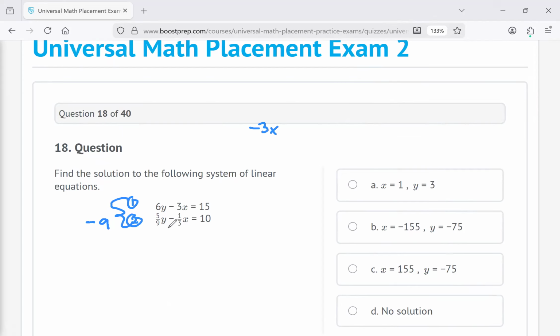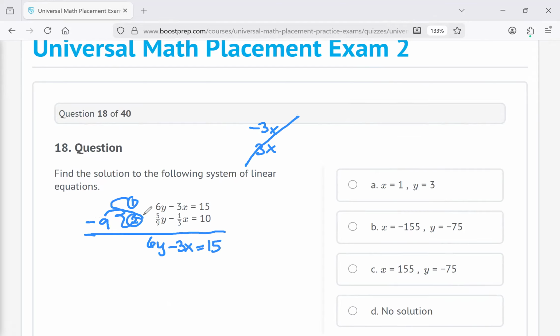If I multiply the entire second equation by -9, -9 times -1/3 is going to be +3x. And then when you add them up vertically, they disappear, right? So I haven't done anything with the first equation, so it's going to be 6y minus 3x is 15. Then I'm going to multiply the second equation by -9.